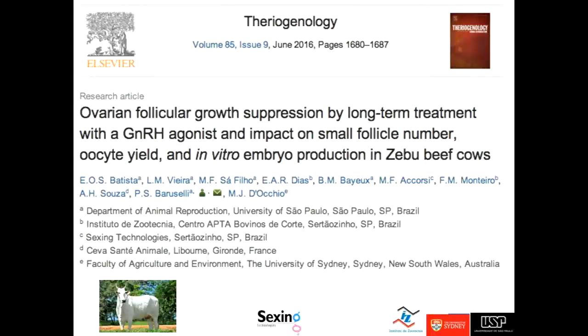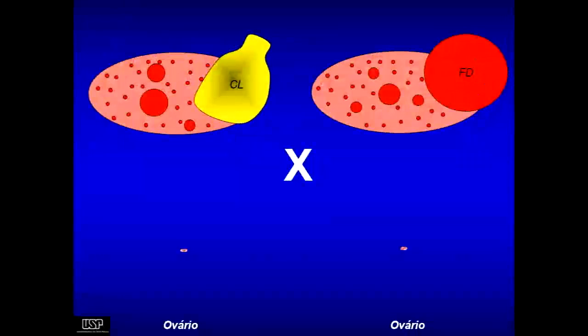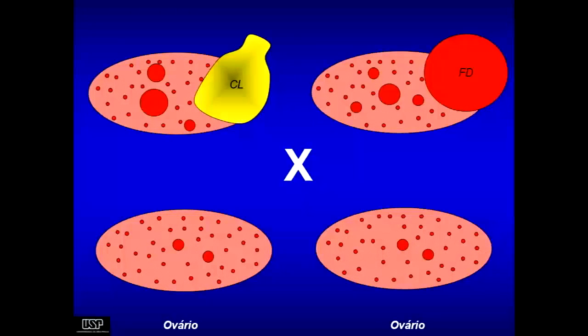Just to understand the effect of progesterone in adult animals, we did and published now this experiment here in collaboration with Michael from the University of Sydney in Australia. We have a strong collaboration with Michael. This we did in Brazil. We blocked the animals. So we have two groups. One group is cycling adult, non-lactating animals, and one group we blocked with deslorelin.